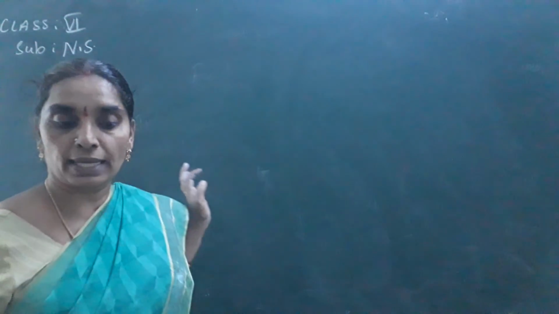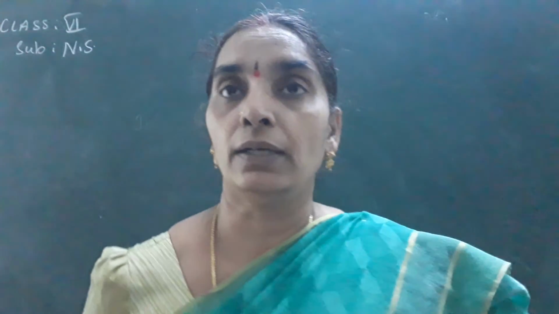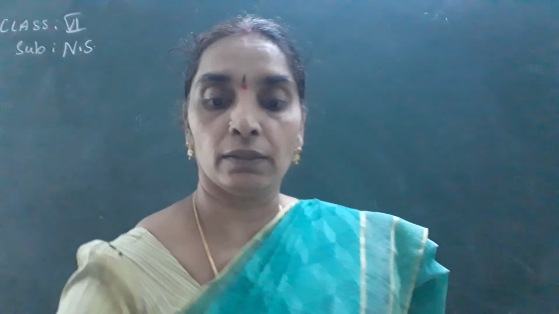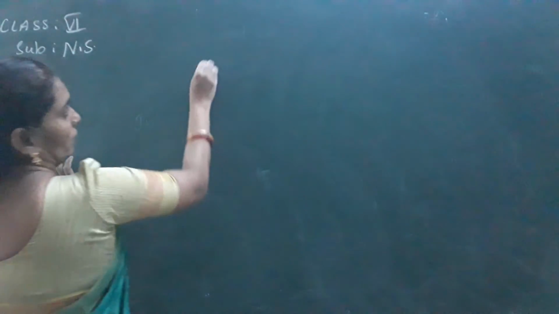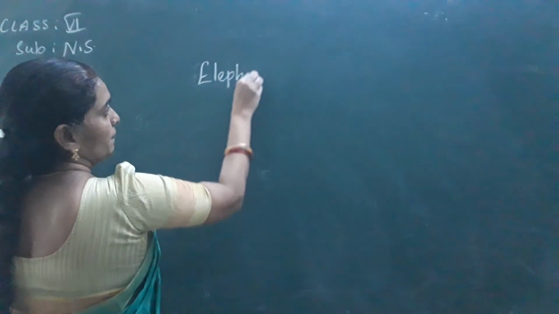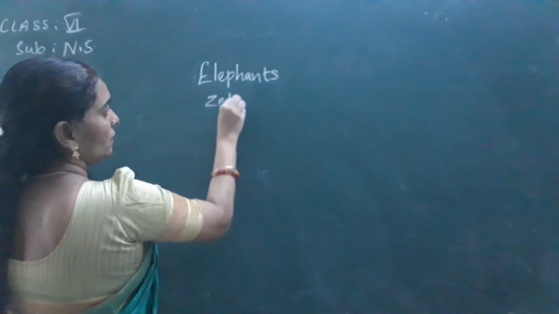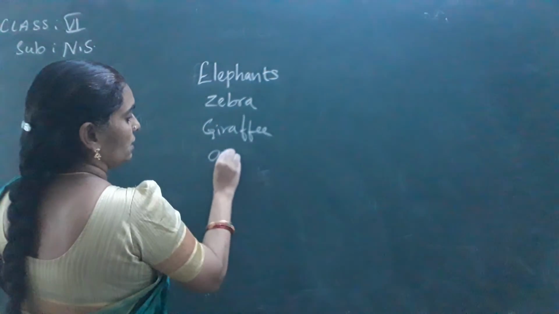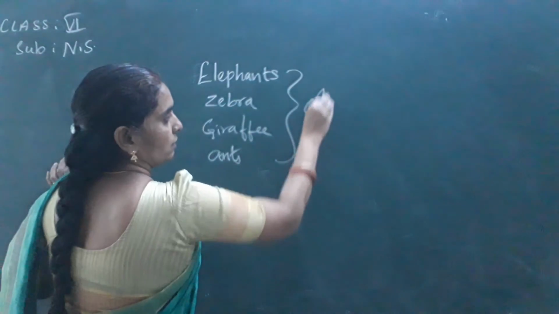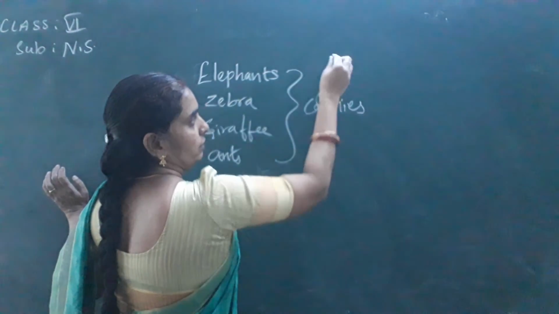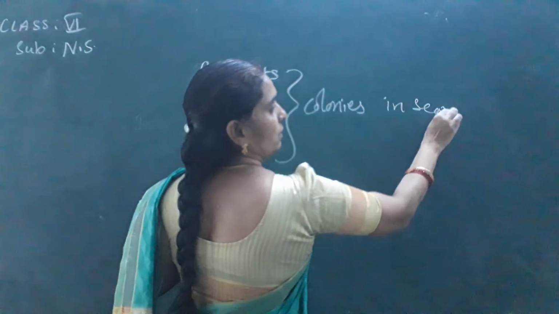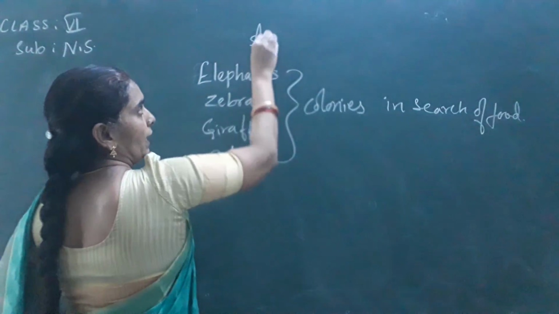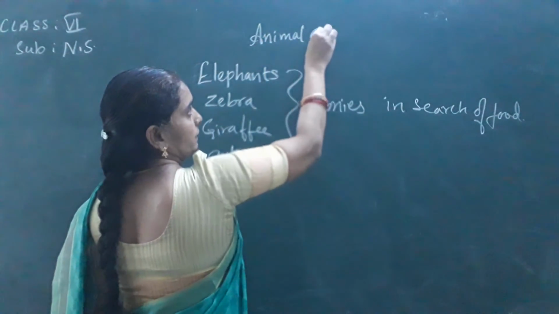They form colonies like zebra, giraffe, elephants, and ants. They form colonies in search of food.